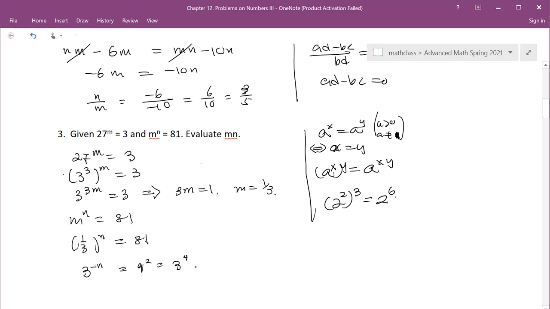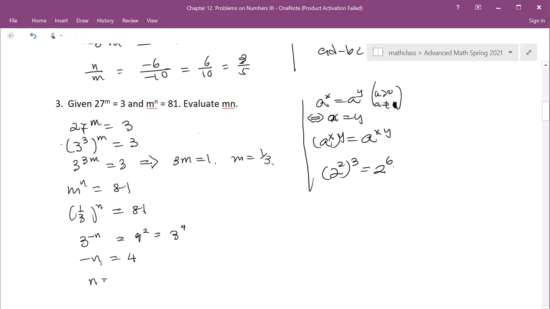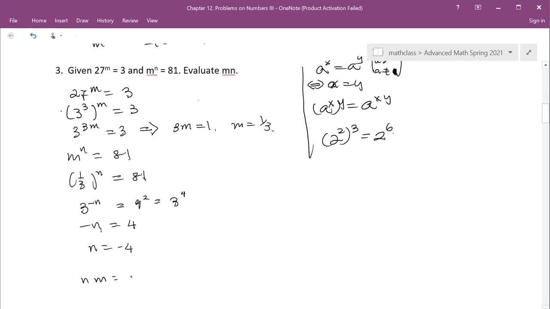So that means negative n should be equal to 4. Then n is going to be negative 4. So you find those two numbers, then you do the multiplication. So nm equals negative 4 times 1/3, which is negative 4/3.